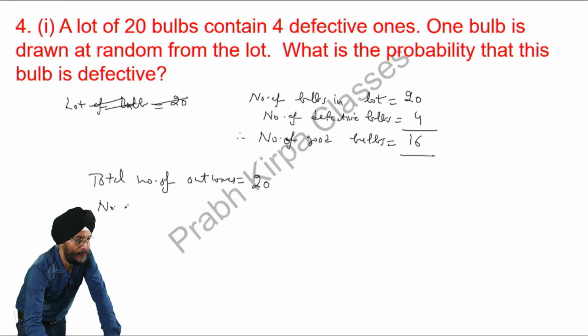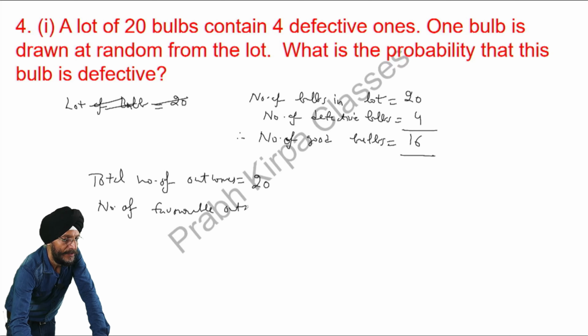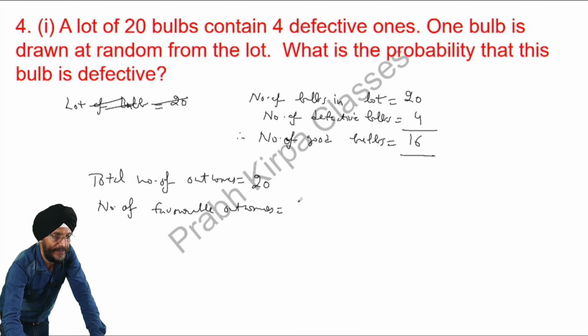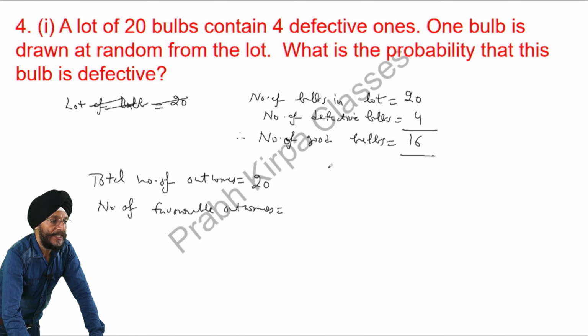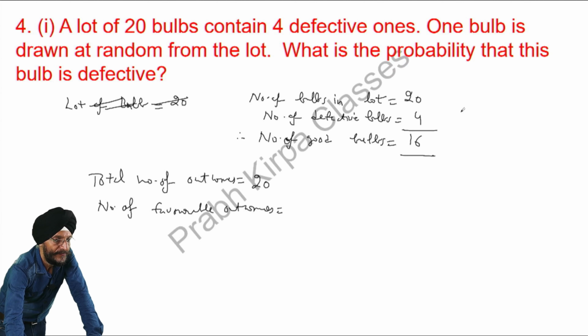So the number of favorable outcomes, here the favorable outcomes means the number of defective bulbs, in respect of which we have to find the answer. The number of defective bulbs are here 4.